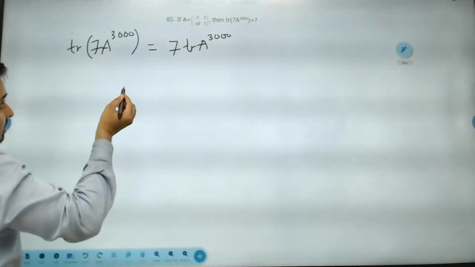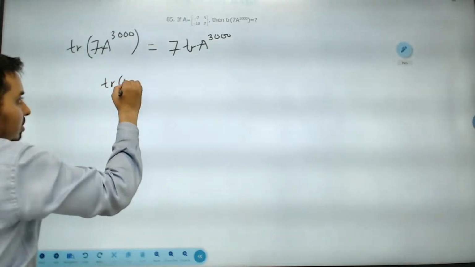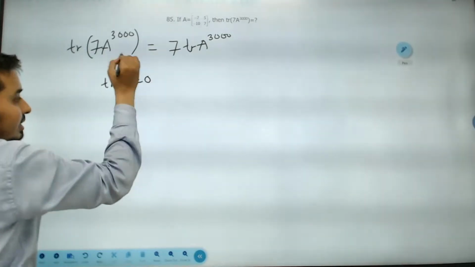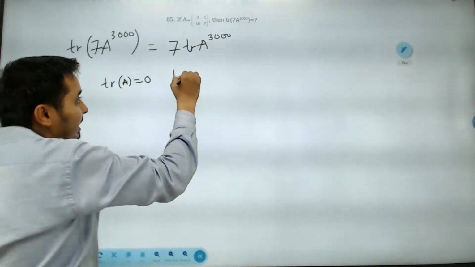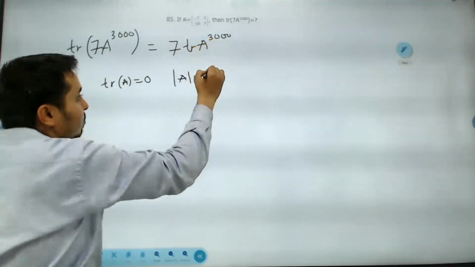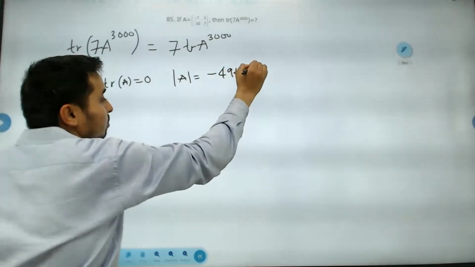So again, if we notice here, the trace of A is 0, okay, minus 7 plus 7. And determinant of A is minus 49 plus 50, which is 1.